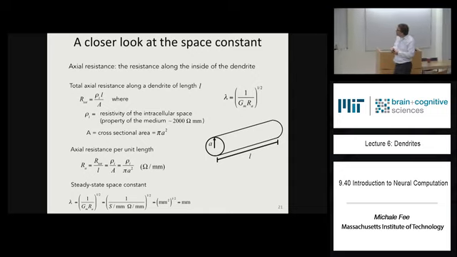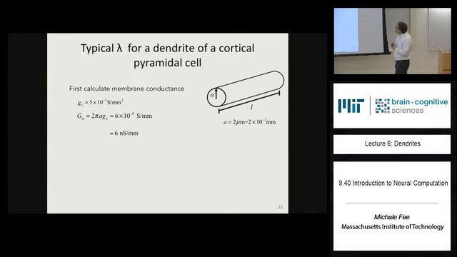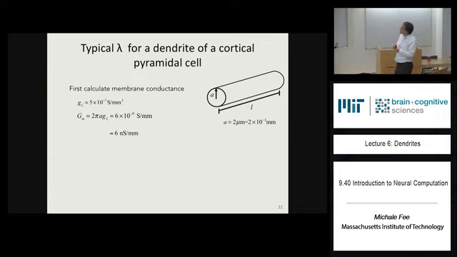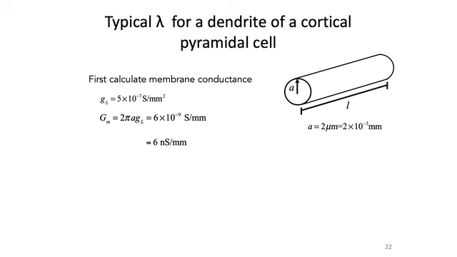But now let's plug these two things into this equation for the space constant and calculate how it depends on A. Actually, the first thing I wanted to do was just show you what a typical lambda is for a piece of dendrite. Conductance per area is around 5 times 10 to the minus 7 typically. So the conductance per unit length of a dendrite is 6 nanosiemens per millimeter.